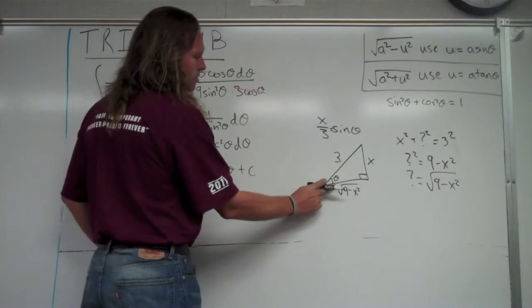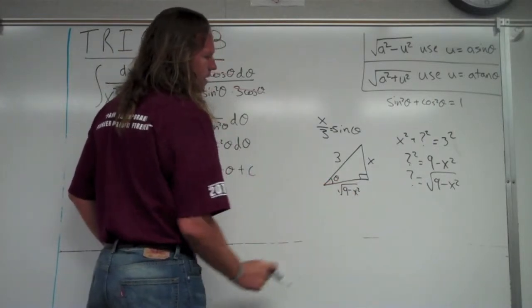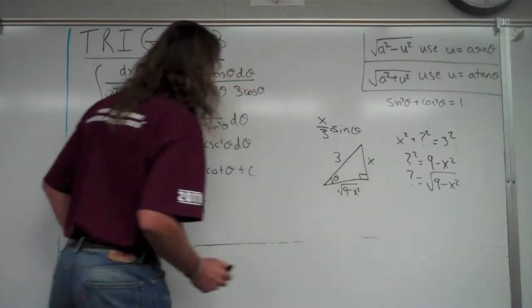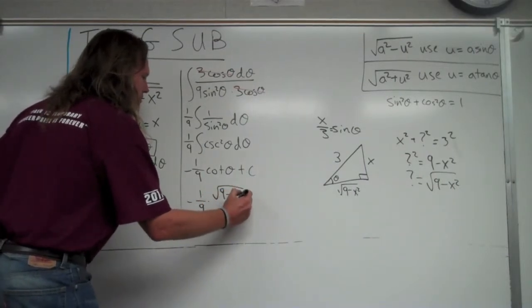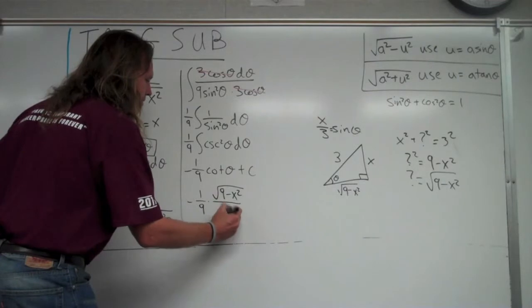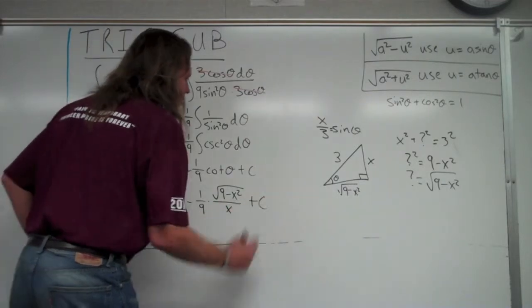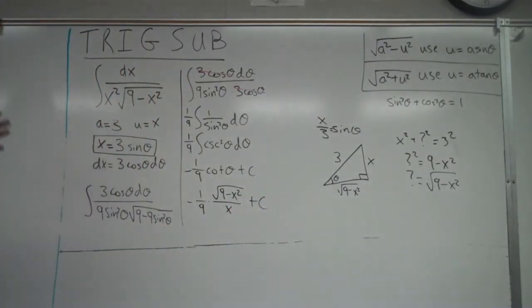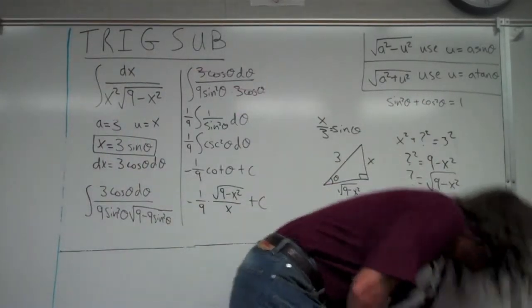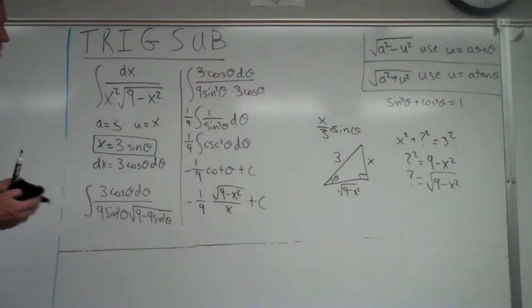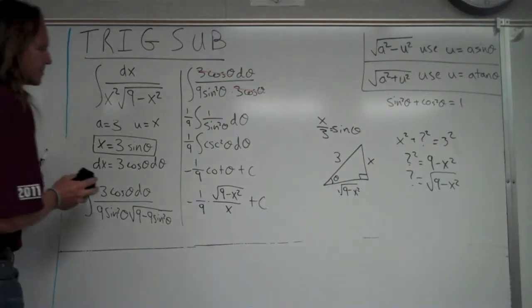Here's theta, so the adjacent side to theta is the square root of 9 minus x squared, and the opposite side is x. So it becomes square root of 9 minus x squared over x, plus c. And we're done with that problem. Like I said, it's a lengthy process, so if you don't have to use trig sub, it's best not to.